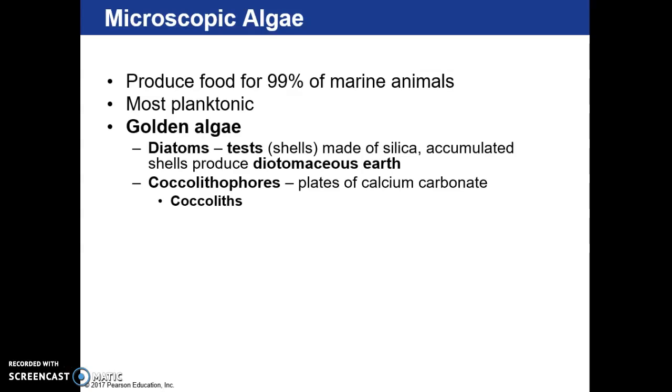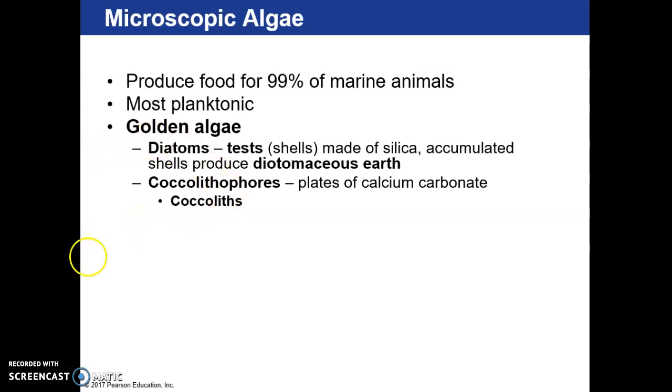And so they are just super important to the whole entire ecosystem in the ocean in terms of the food ecosystem and what the makeup of that is. So again, they're mostly planktonic, and they fall under a category called golden algae.